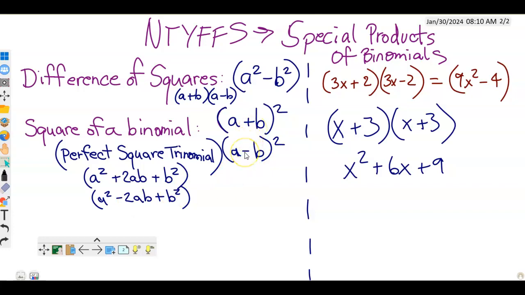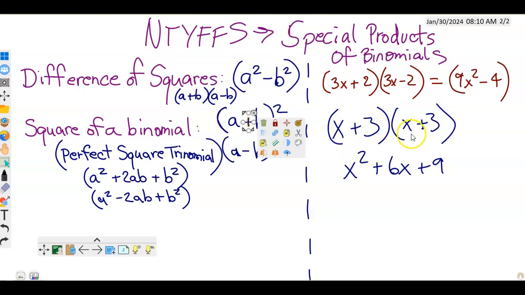If the binomial is a difference, your second term is negative. If the binomial is a sum, then the sign of your second term is positive. Okay? And here is your numeric example.